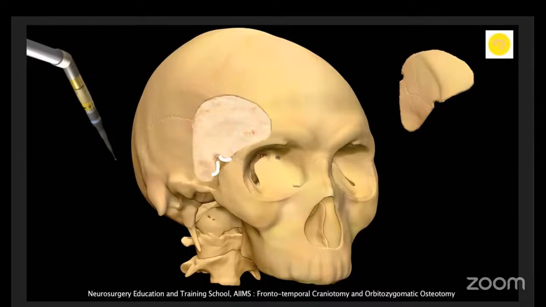This is the lesser wing of the sphenoid. And what we do is we rongeur this off completely. While we are rongeuring it and we're going medially towards the midline, then ultimately we end up reaching the anterior clinoidal process, and we do the drilling and we take the anterior clinoidal process out. So the goal is to create a space here, and for some surgeons that is more than enough.